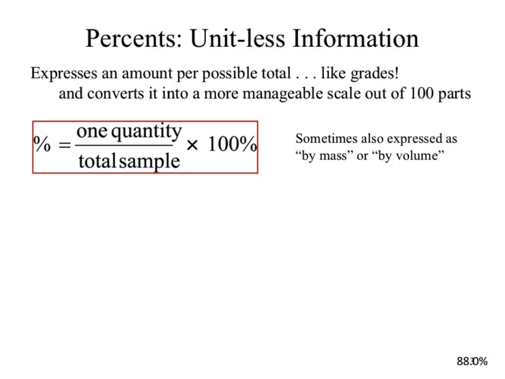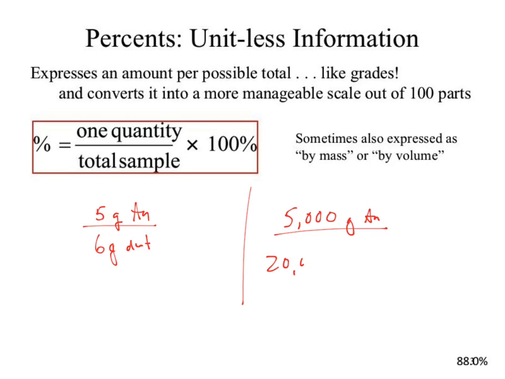If we had 5 grams of gold in your 6 grams of dirt versus my 5,000 grams, and I don't know, we'll just add a bunch of zeros.